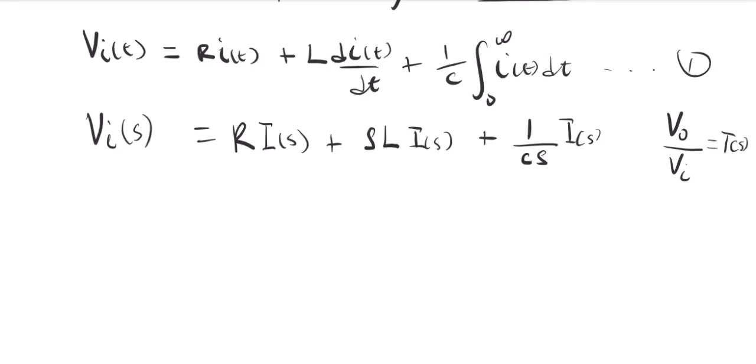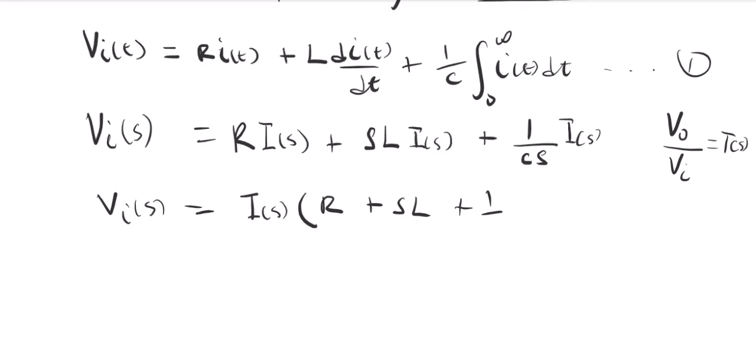Maybe in the next tutorials or questions we can bring up a circuit, whether 4 loops or 3 loops or double loop, and solve it. So VI of s is equal to, now I'm factorizing the current, R plus SL plus 1 over CS.